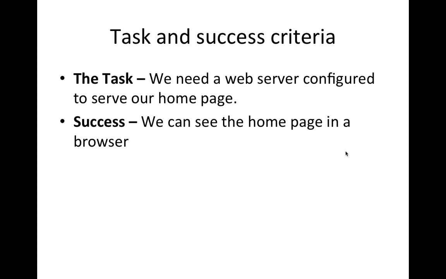We need to install the web server, configure it, and be able to see the web page on our browser. The success criteria is that the browser should be able to open the home page and show our configured web page, whether it's small text, big text, or whatever. That is our goal, task, and success criteria, so let's do the exercise.